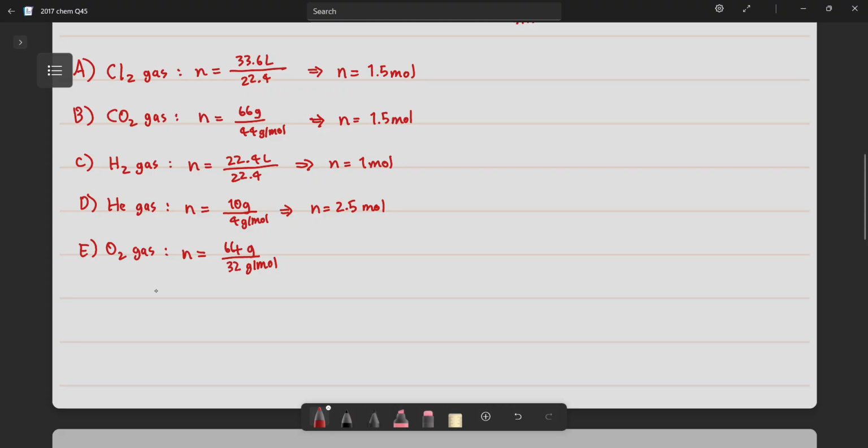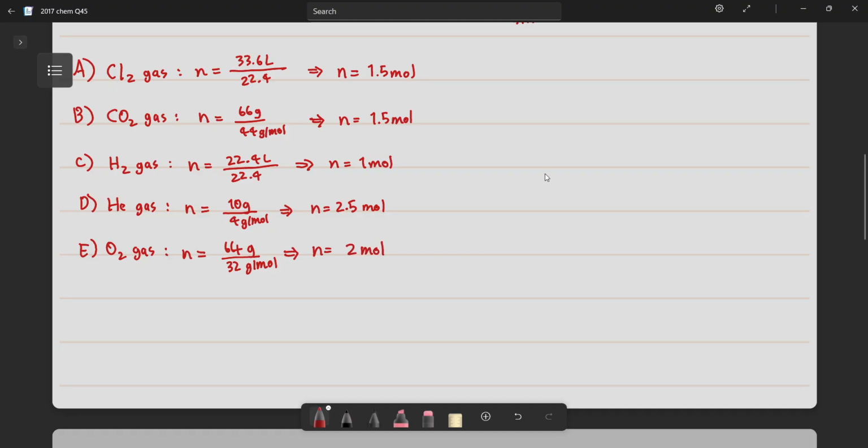We know oxygen exists as diatomic, so we multiply 2 by 16 to get the molar mass of the oxygen molecule. So the moles we get is 2 moles.